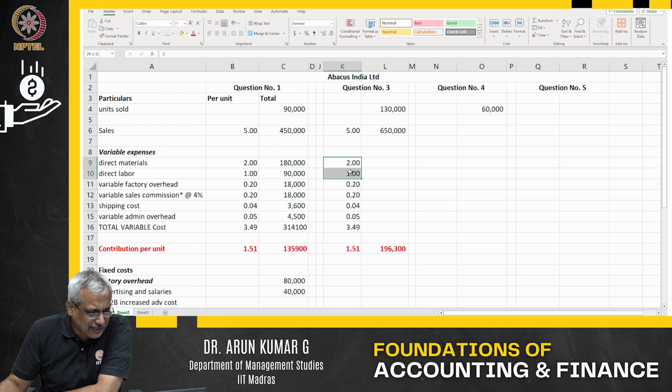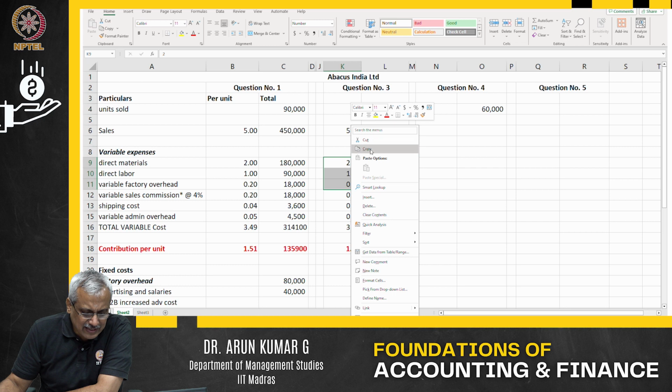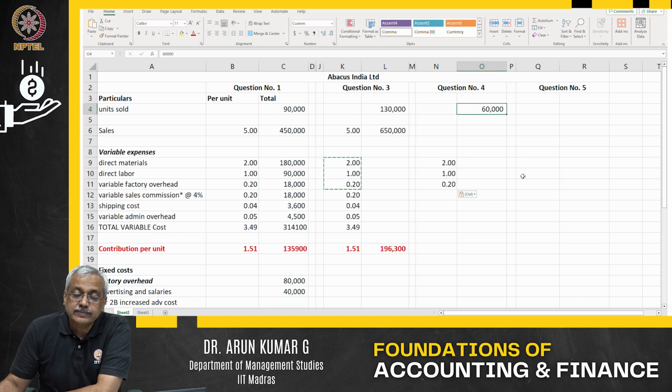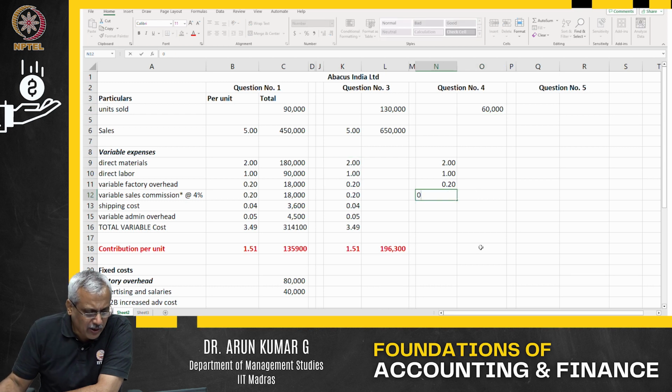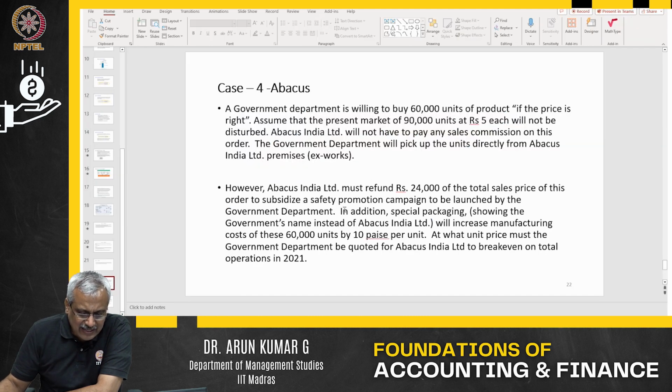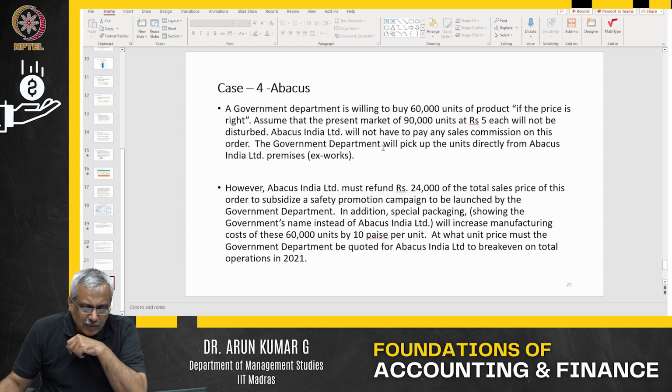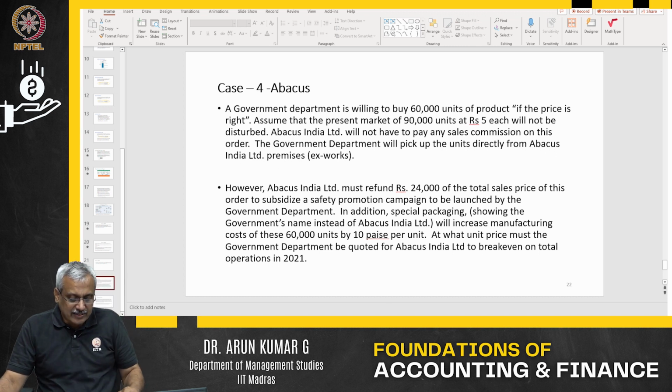Direct material cost? Yes. Labor cost? Yes. Variable overhead? Yes. All these three costs are going to be there, certainly, for the 60,000 government order. Sales commission is not going to be there, it's going to be 0. Shipping cost is not going to be there because, as you would have read in this case, the government department will pick up the units directly from Abacus India Limited.